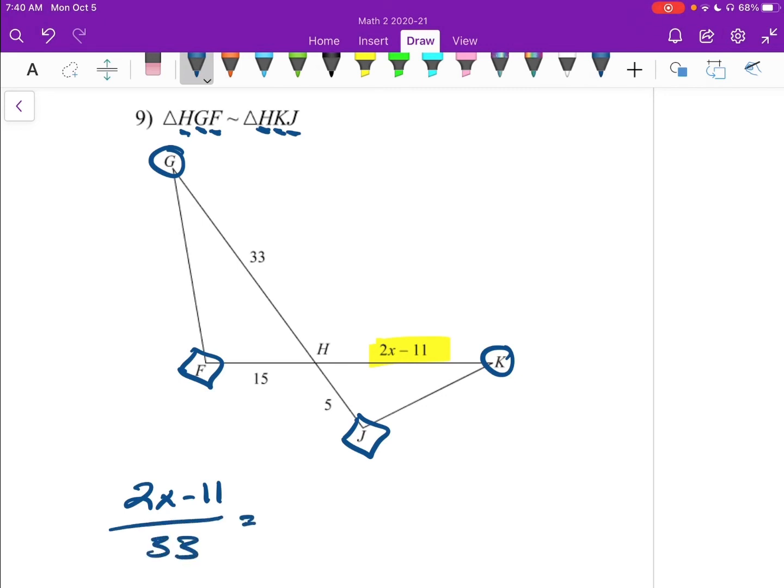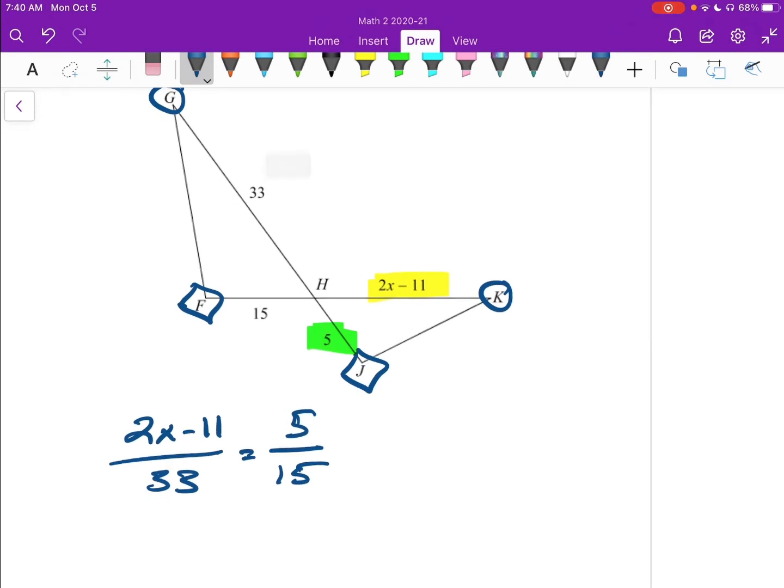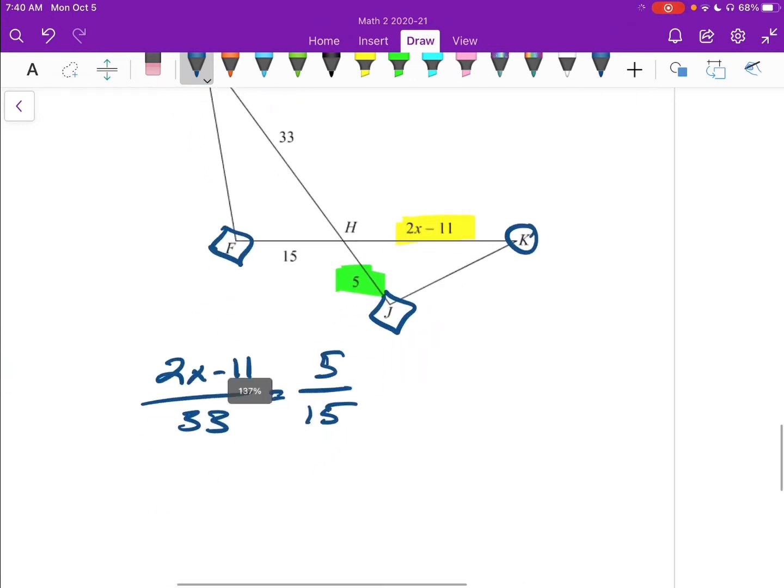And then I need to go back to my original triangle, the triangle with the variable. The other side length is 5, so it needs to go on top. And it's between H and the box, so H and the box is 15. All right, that's that. Now we just have to solve.